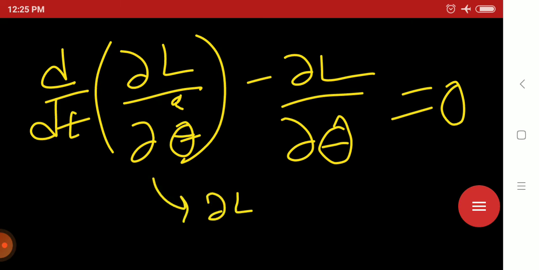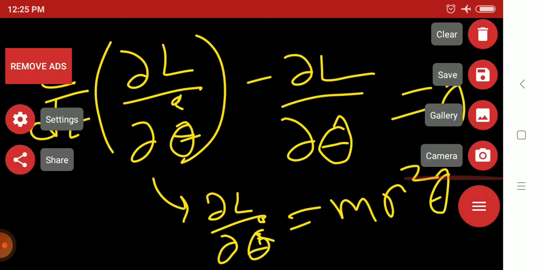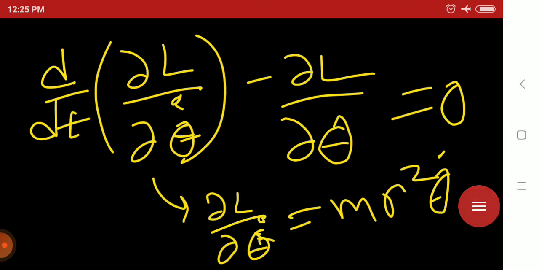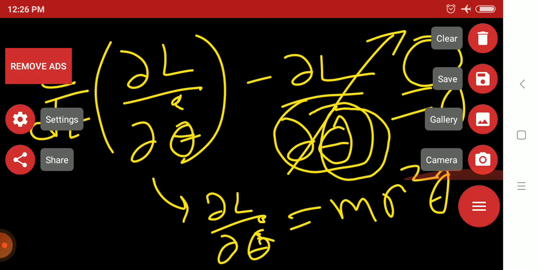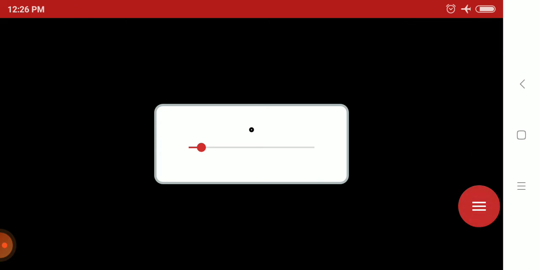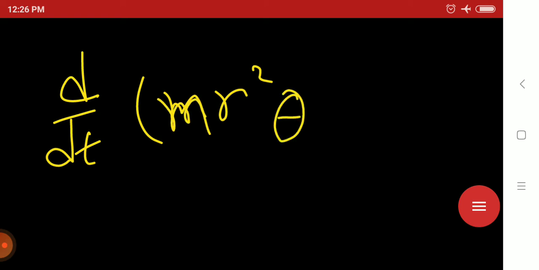Del L by del theta dot equals m r square theta dot, which we got in the previous slide. Since theta is a cyclic coordinate, there is no dependence on theta, so this part will be 0. So we can write d/dt of m r square theta dot equals 0.